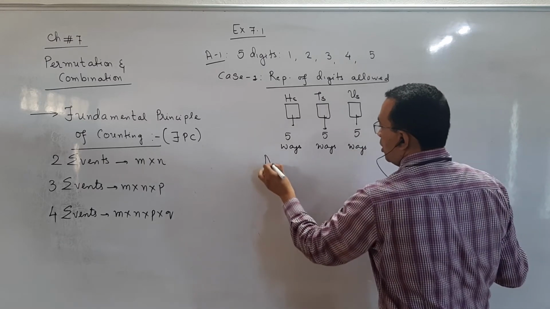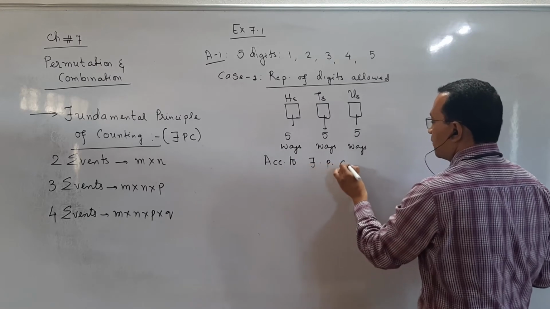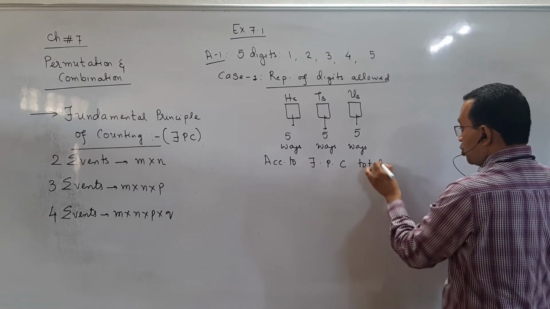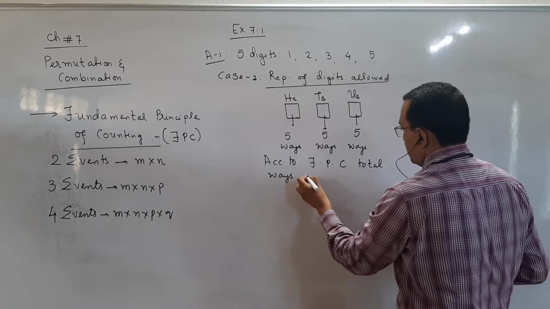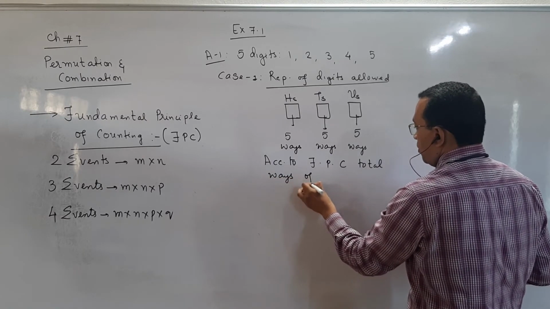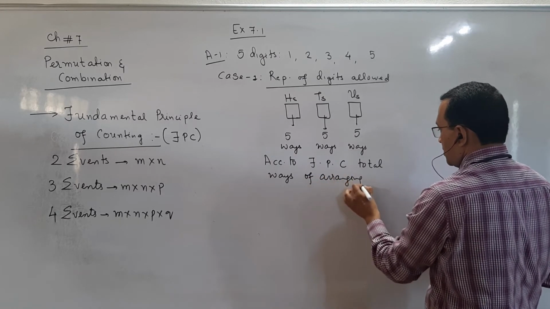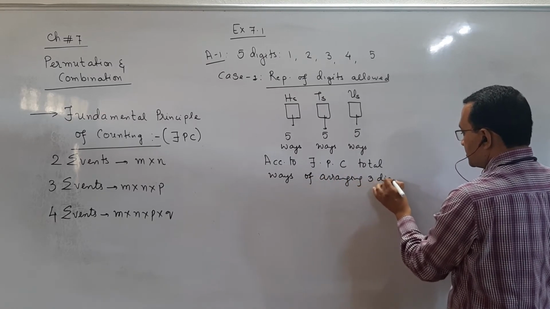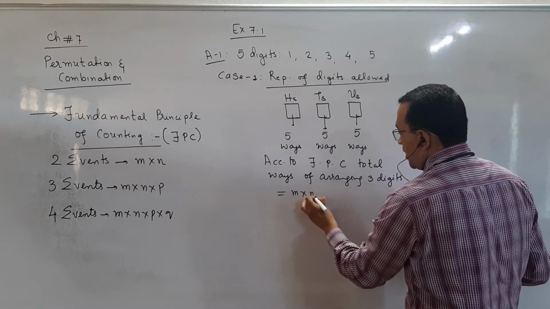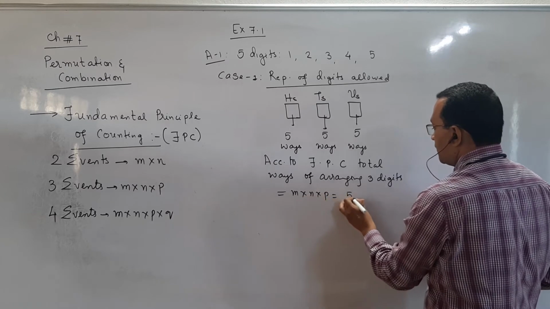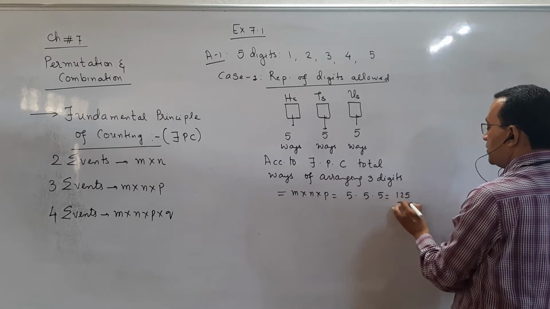So, according to the fundamental principle of counting, total ways of arranging 3 digits is equal to 5 into 5 into 5, which is 125.